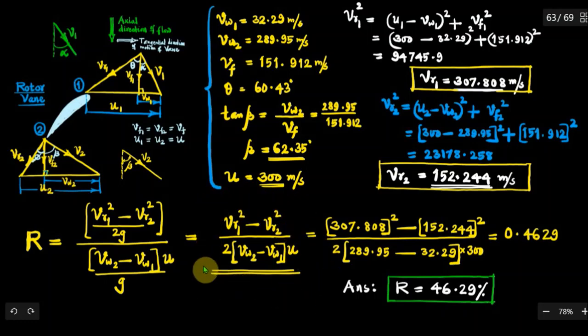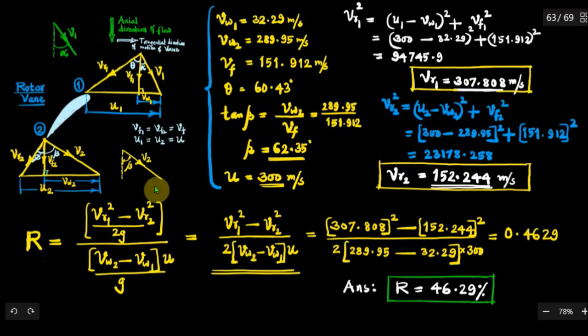Because in the earlier cases we used a very simple expression for finding the degree of reaction. Remember, this is the original expression which we simplified for symmetrical blading later. In that case, you get the degree of reaction as Vf by 2u into tan theta plus tan phi. That is a simple relation you can use when symmetrical blading is considered.